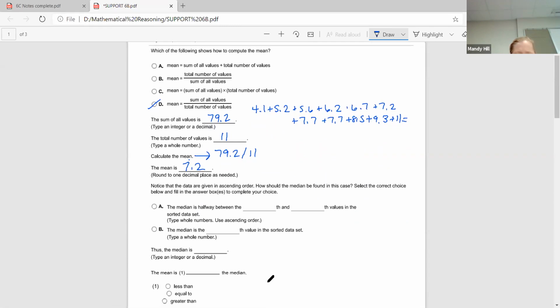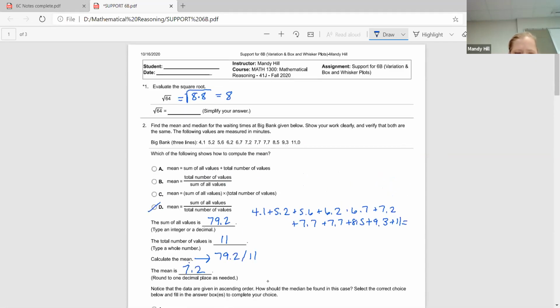Notice that the data are given in an ascending order, which means from the least to the greatest. How should the median be found in this case? Select the correct choice below and fill in the answer boxes to complete your choice. So let me go back up here since we've already got them in order. To find the median, you want to find the number in the middle.